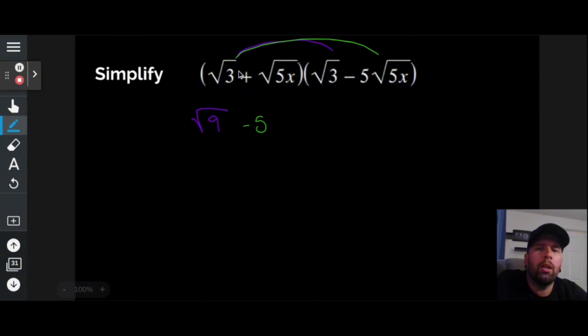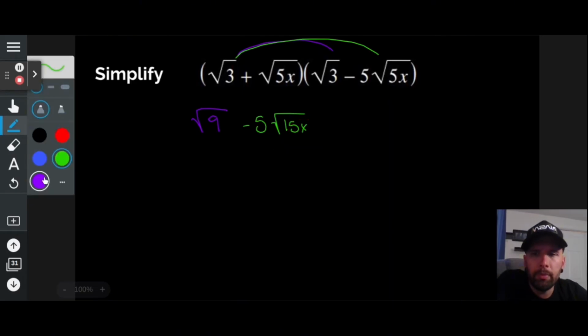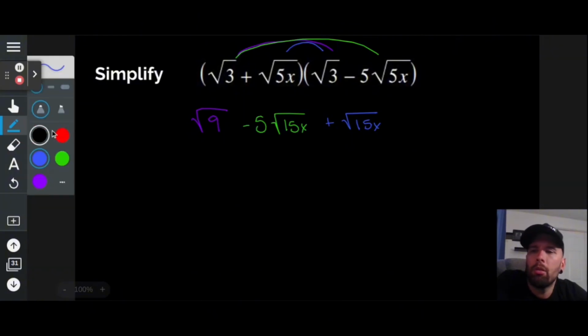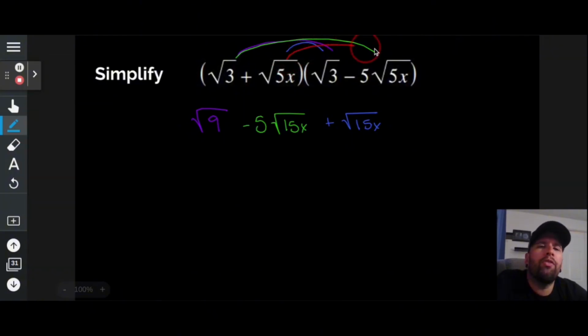Nothing combines with it. 3 times 5x is going to be 15x. Root 5x times root 3 is going to be positive root 15x. Oh, how convenient. And root 5x times negative 5 is negative 5 root 5x.